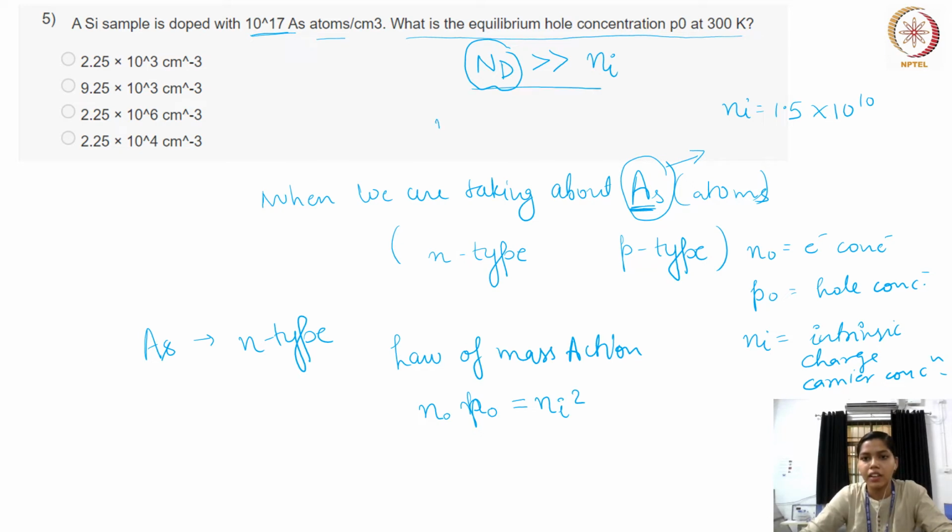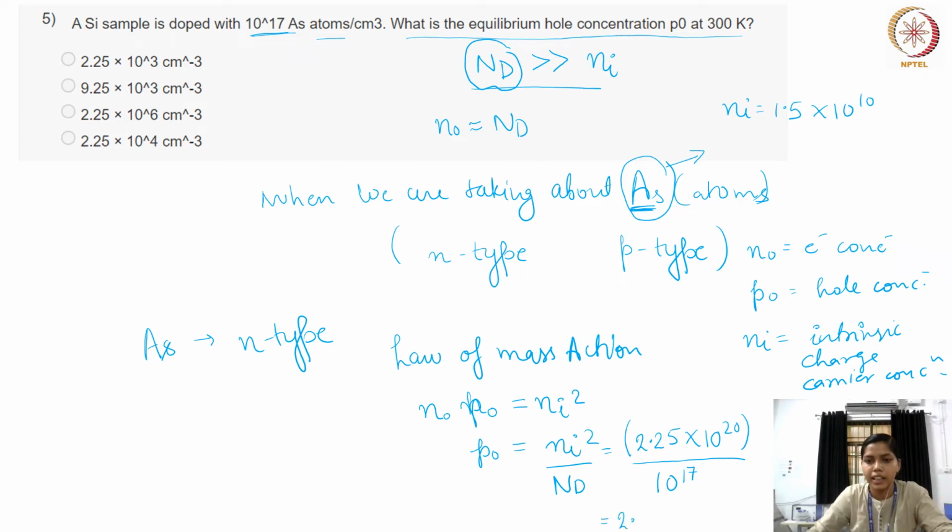So we can write our concentration of electrons will be equal to Nd. From this expression we can write the concentration of holes will be equal to Ni squared divided by Nd, where Ni square is 2.25 multiplied by 10 raised to the power 20, divided by 10 raised to the power 17.